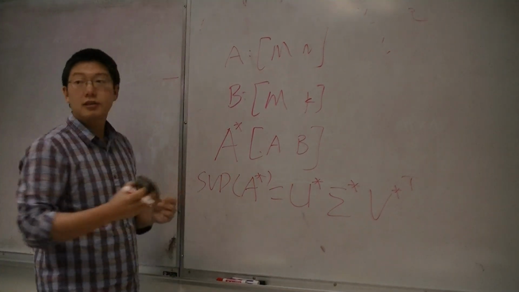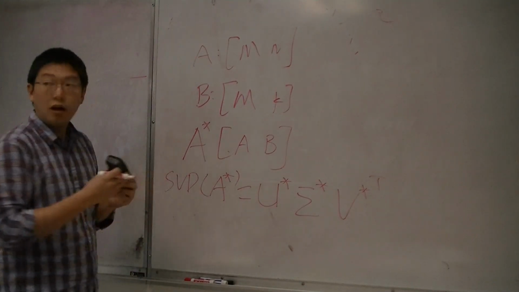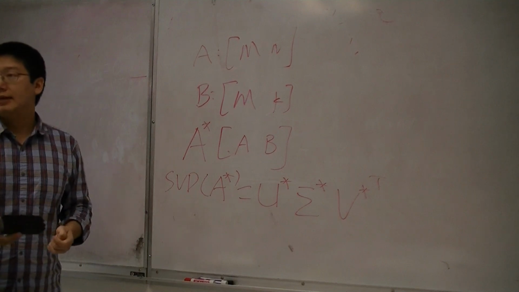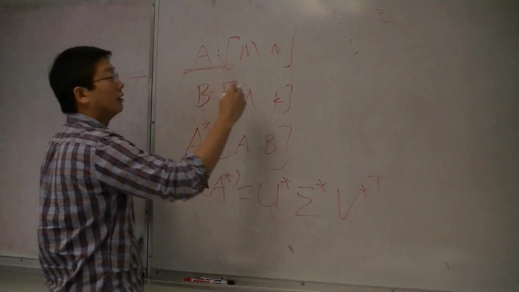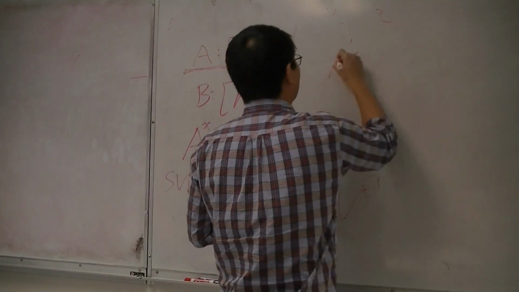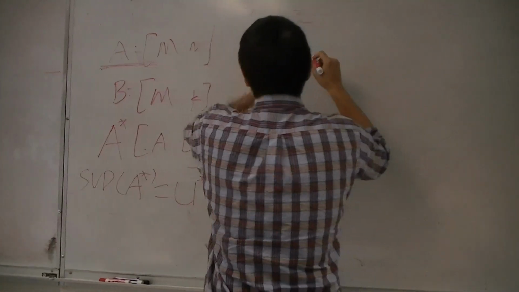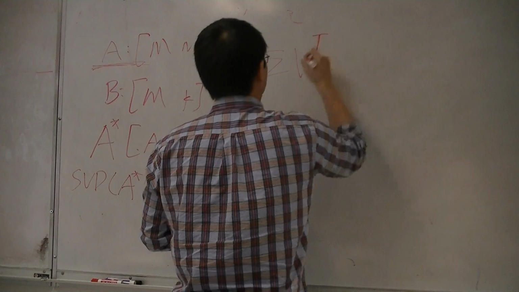Actually, there's one point we should mention. Since offline we already calculated the principal components analysis, for the original A we don't need to use this, because A can be written as U sigma V transpose.